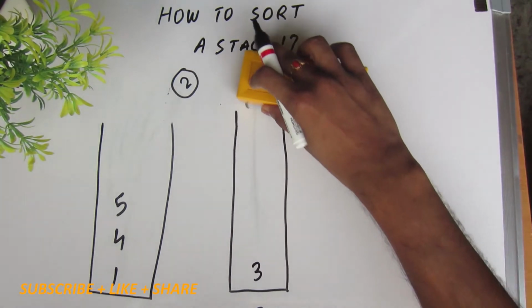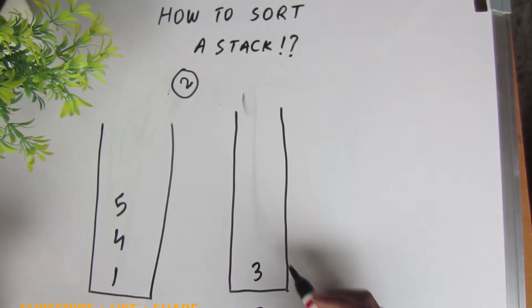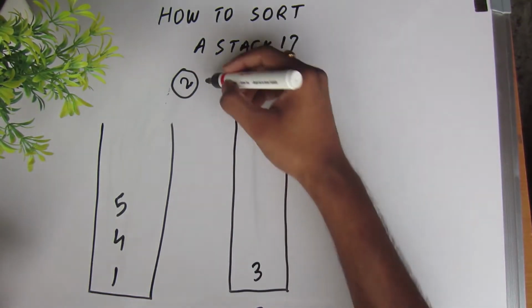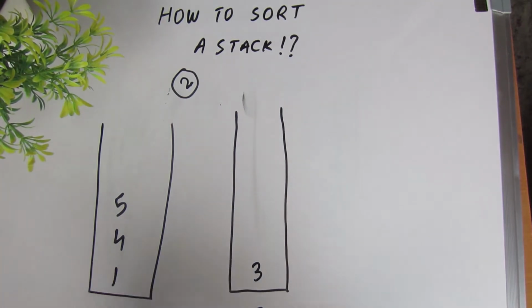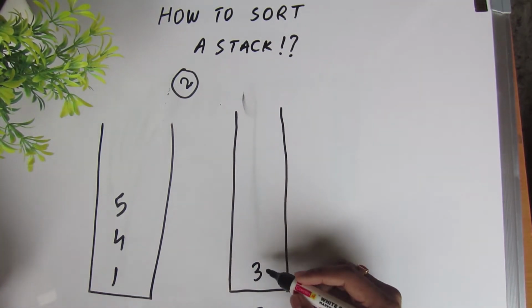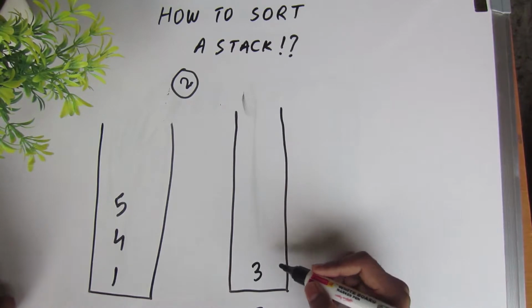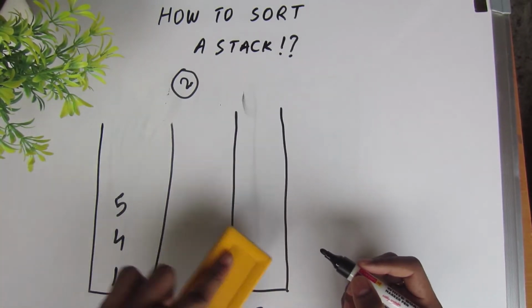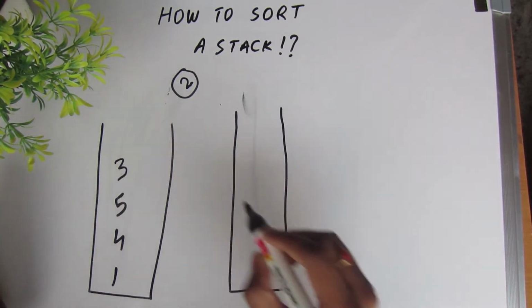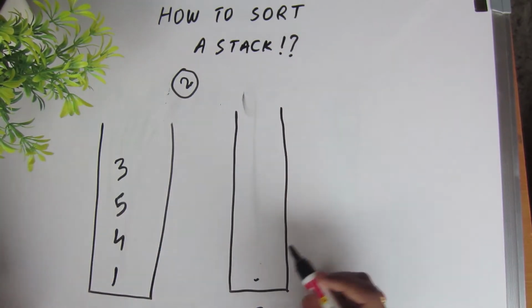Again we have to check if the top of the stack and the current element satisfy the sorting order. The top is 3, which is also greater, so we have to pop this 3 and put it onto A, and again check against the top of the stack.